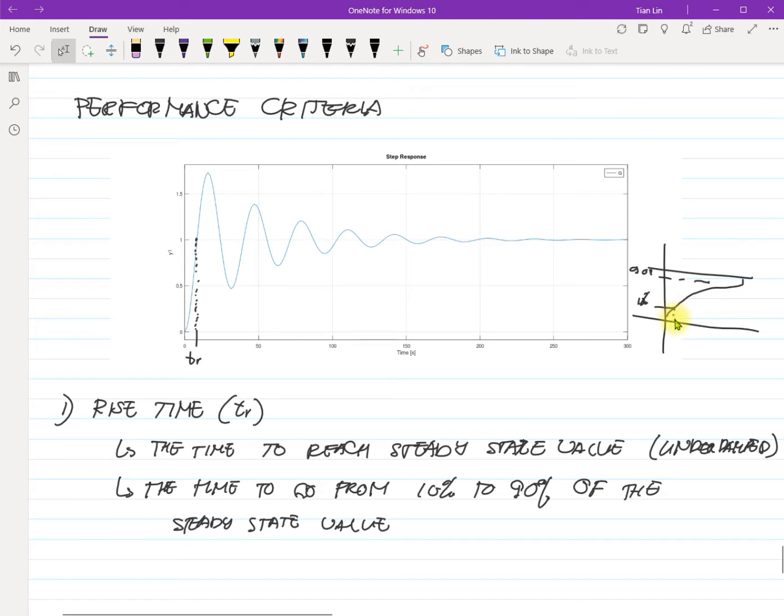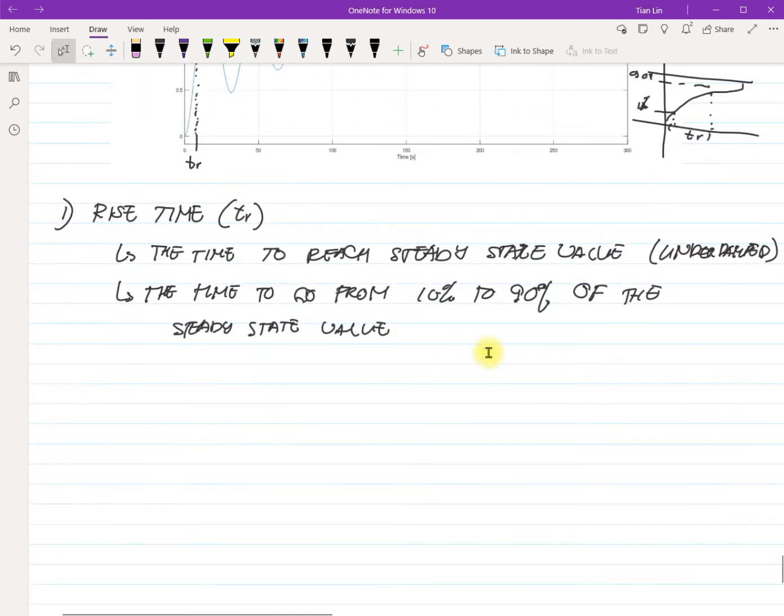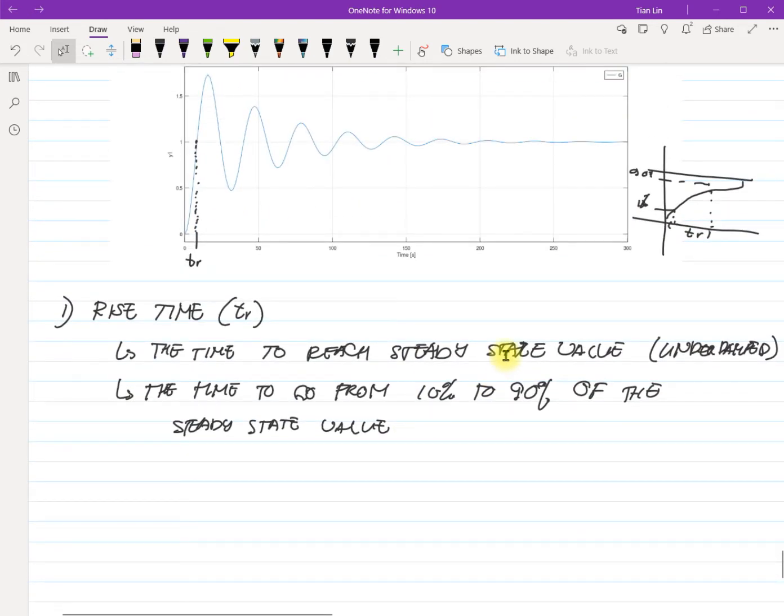The time needed here, this is the rise time. So from 10% to 90%. That's for overdamped system. Also for a critically damped, because critically damped has no overshoot. So now we want to derive the formula.